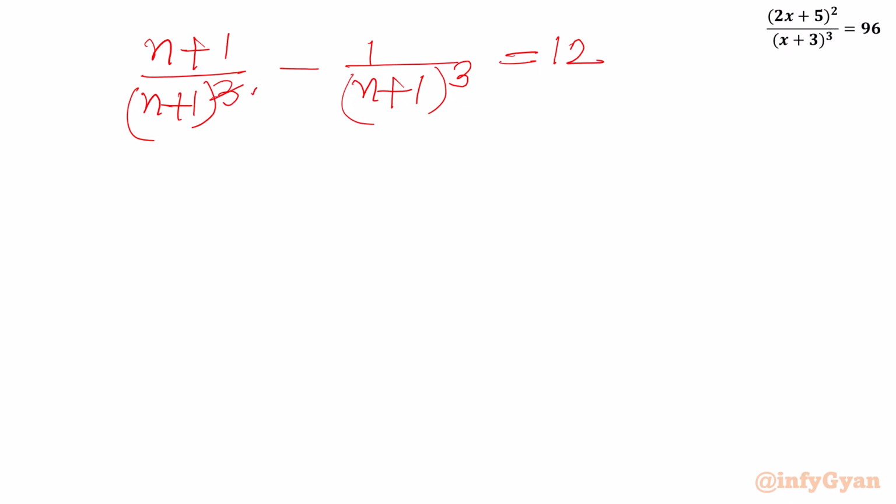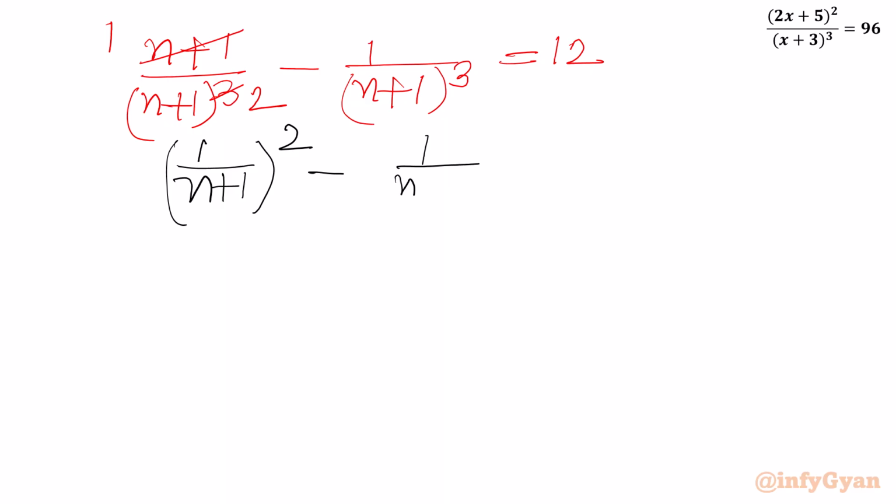Now this power will be cancelled. It will be 2 left and numerator will be 1 now. Once I cancel numerator and denominator, we will get 1 over (n + 1)². So we can write (1/(n + 1))² minus (1/(n + 1))³ equal to 12.